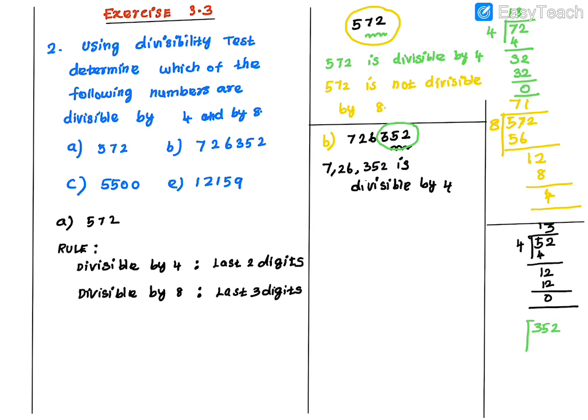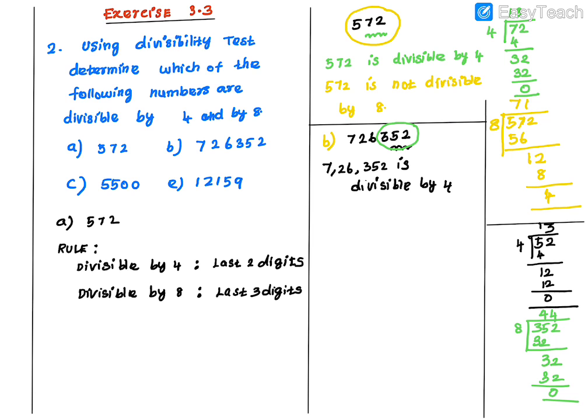We check 352 on the 8 table. 4 8s are 32, remaining 3, so 32 again; 4 8s are 32. 32 minus 32 is 0.